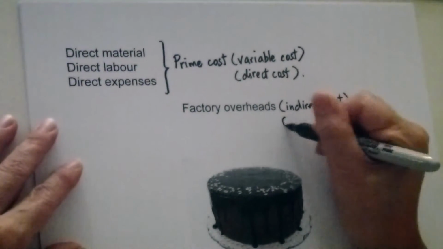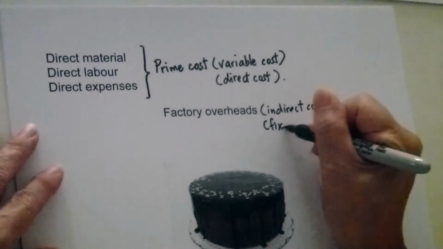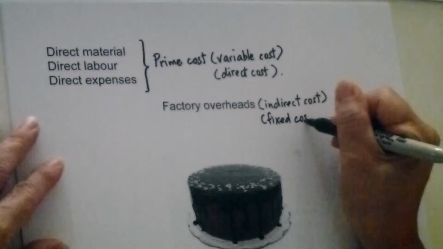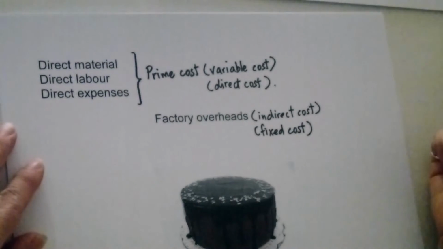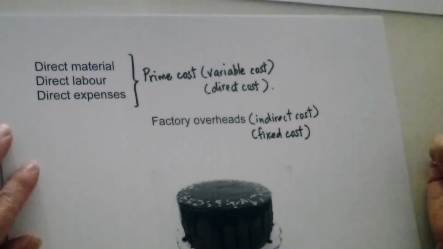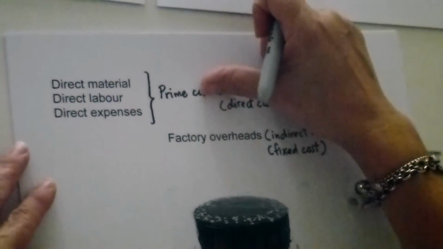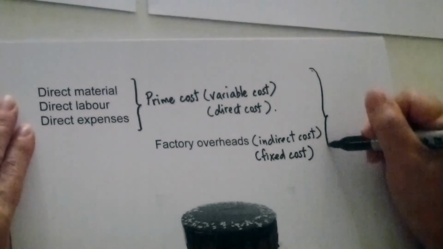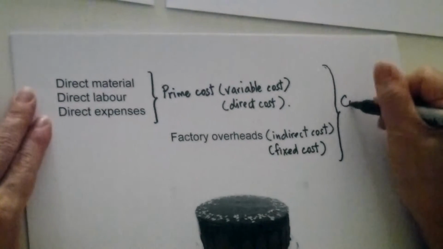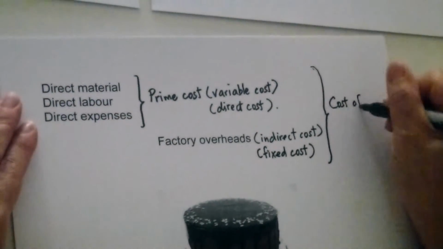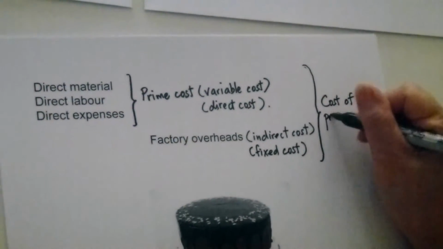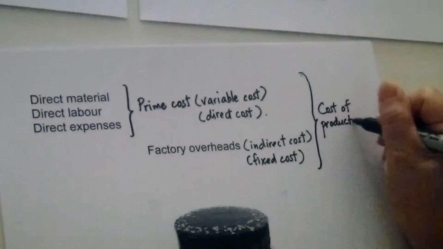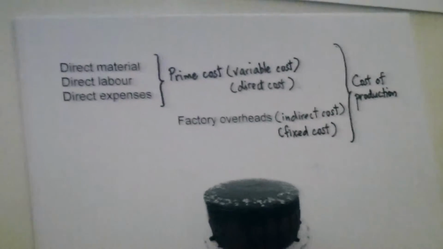Or you can also know it as fixed cost, meaning it will not change. It's fixed in the short run. So putting a prime cost together with a factory overheads, now you arrive at your cost of production, or your cost of manufacturing.